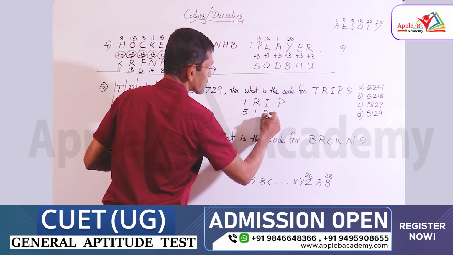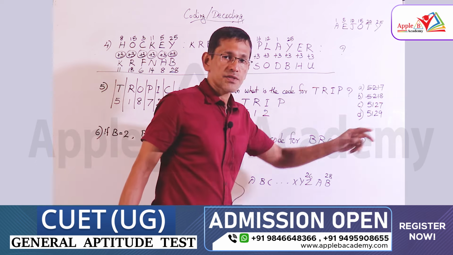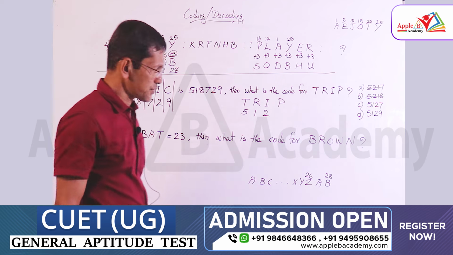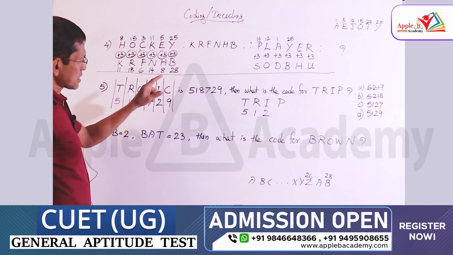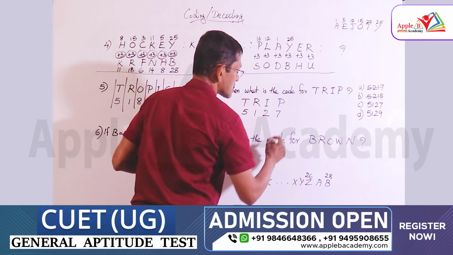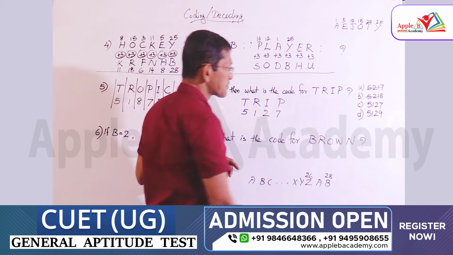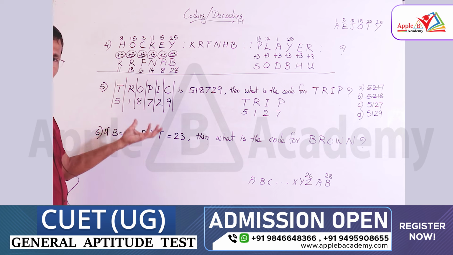So, 5, 1, 2. Both those answers, C and D, have the first 3 digits 5, 1, and 2, so we cannot really get the answer from those 3. Now, what is the last one? P. P is 7. So, 5, 1, 2, 7 is the answer. 5, 1, 2, 7. That's the answer. So, that's another way of coding and decoding.